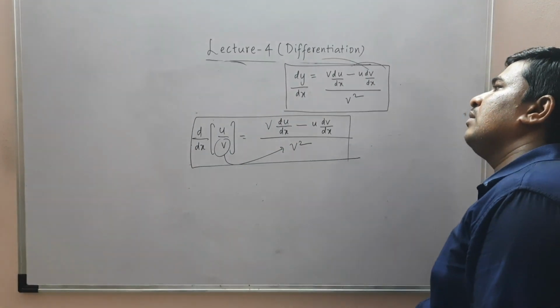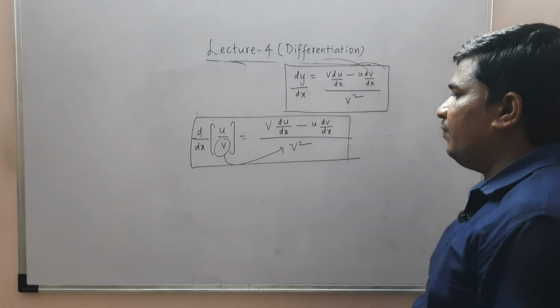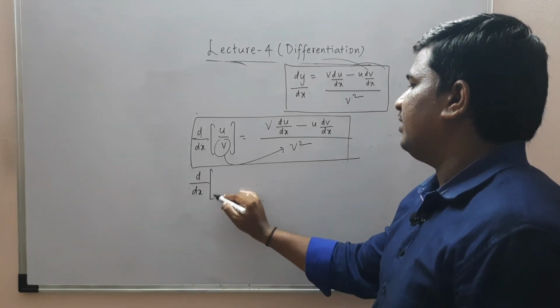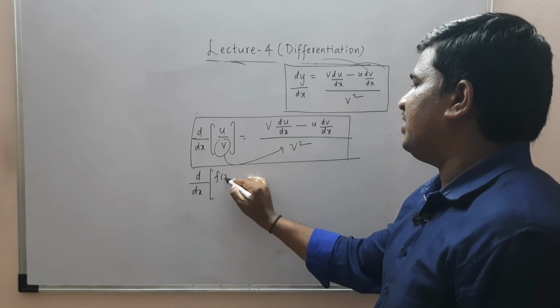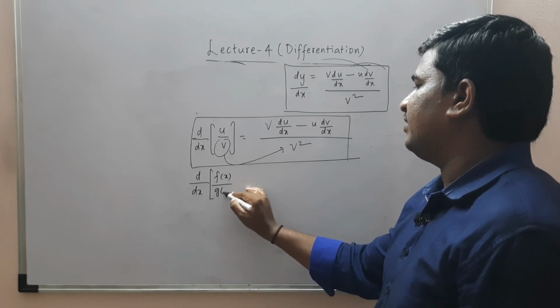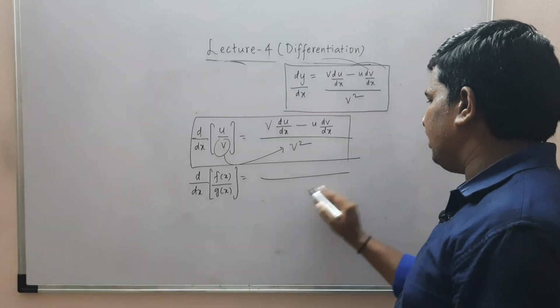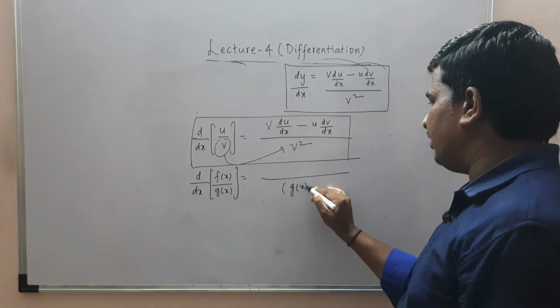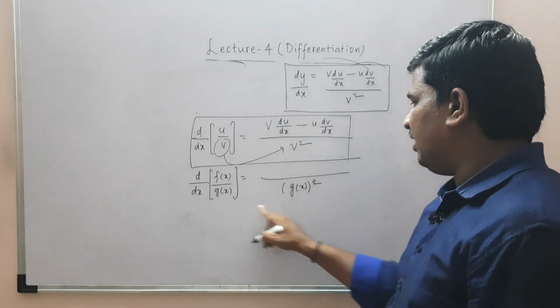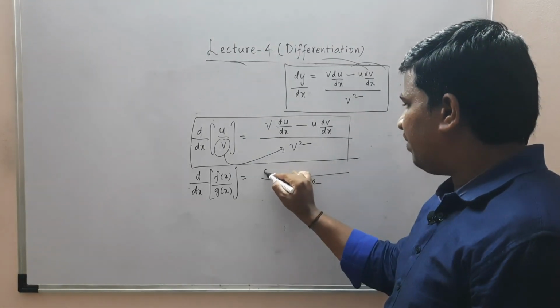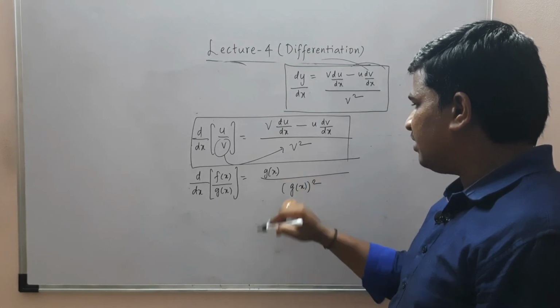So here you have d by dx of f of x by g of x. So what you are writing here is g of x whole square. This you are taking, and in the denominator you are writing its square, and the same g of x you are keeping here, g of x.